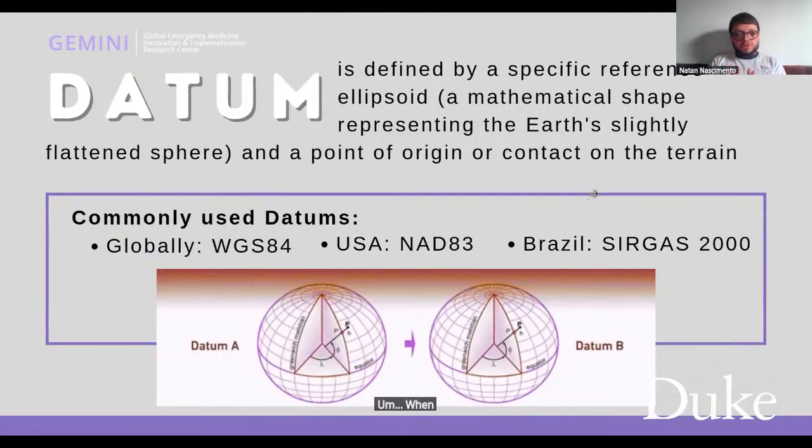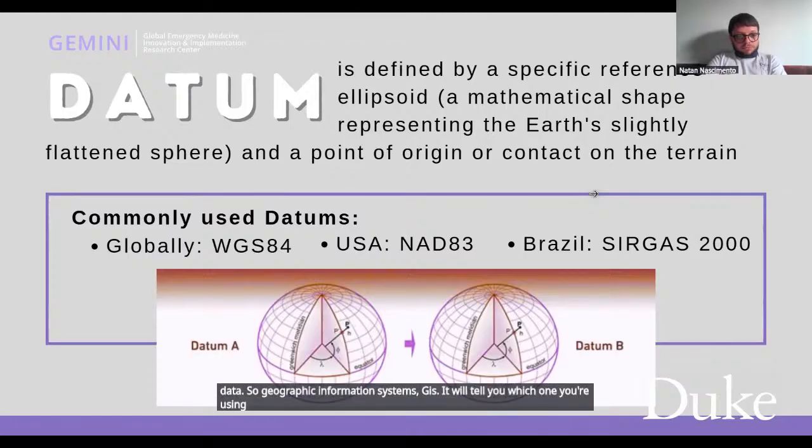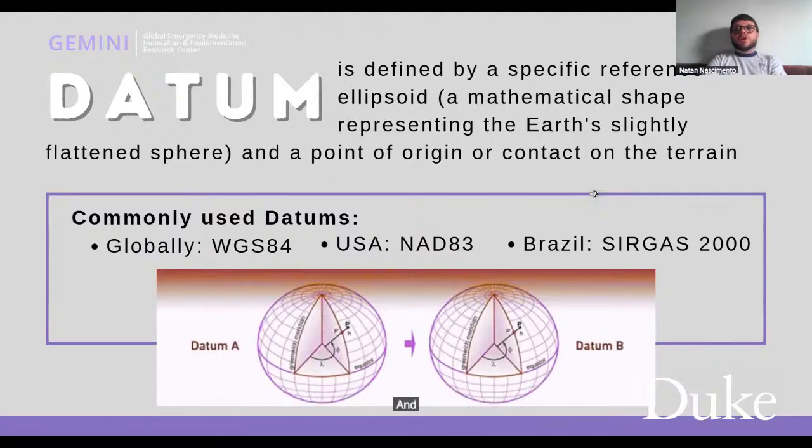Whenever you're using software that works with spatial data, so geographic information systems, GIS, it will tell you which one you're using. And then if you want to reproject, this reprojection allows you to change these datums.